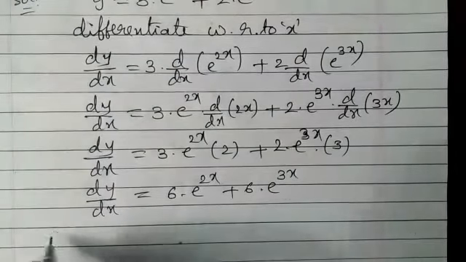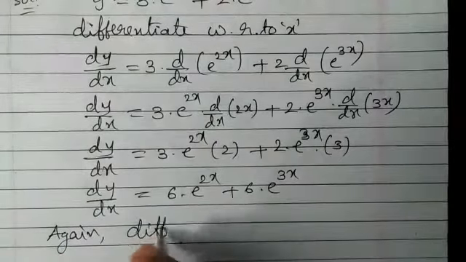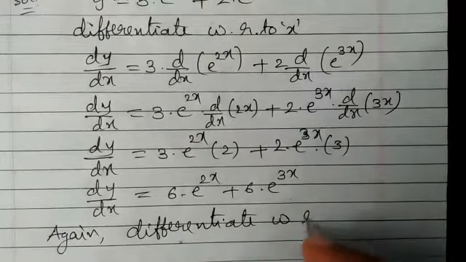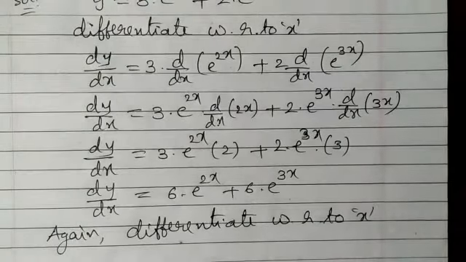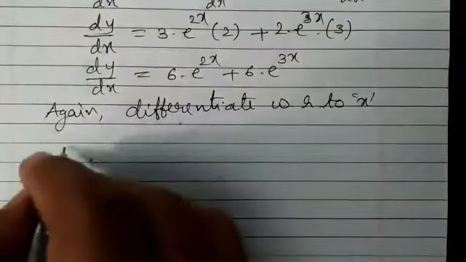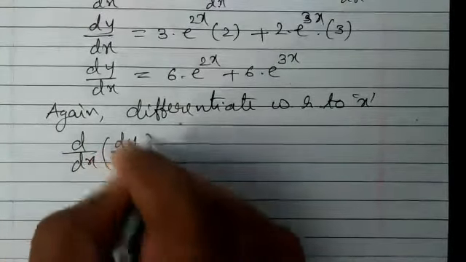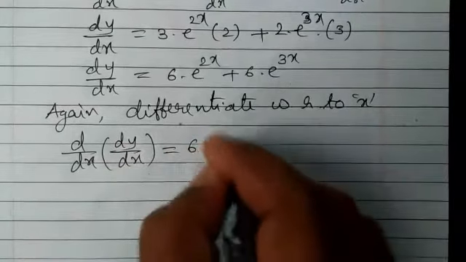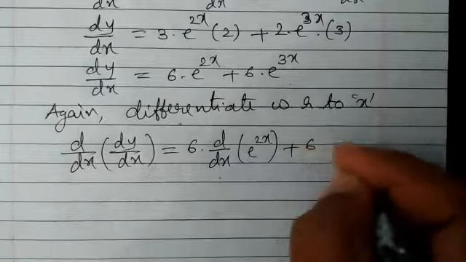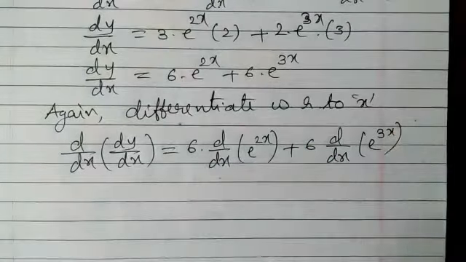Okay. Now, again differentiate with respect to x. d by dx of dy by dx is equal to 6 into d by dx of e power 2x plus 6 into d by dx of e power 3x.